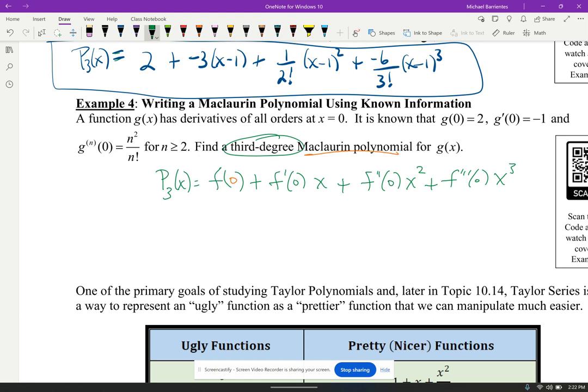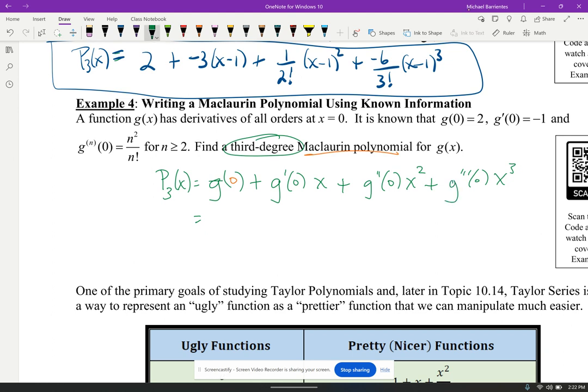So I can stop. But now, how do we figure out the actual values? Well, they told me. Well, I guess in this case, it wasn't f, it was g. So all of these f's that I wrote should be g function, since we're using the g function to find these derivative values.